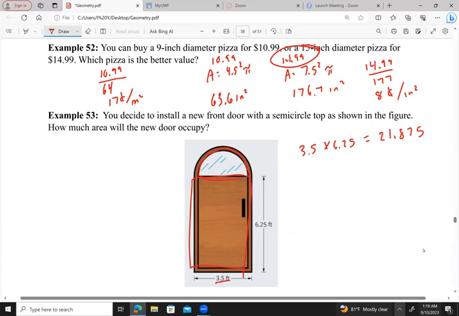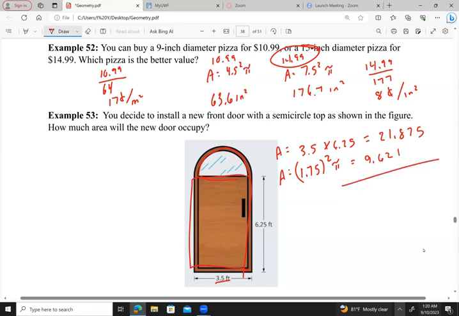And now half of 3.5 is 1.75. Radius squared times pi. I have 1.75 squared times pi gives me 9.621.